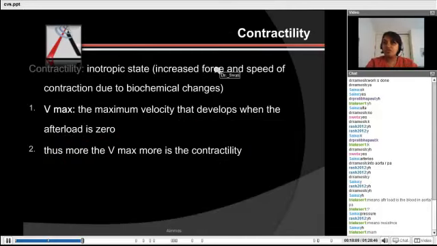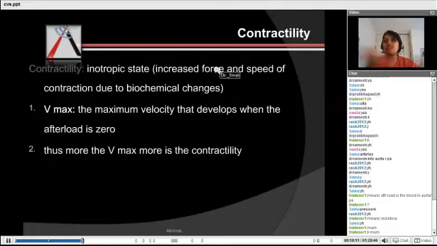Okay. So what did we see till now? We saw about the preload, the afterload, and Frank-Starling's law. Frank-Starling's law told us that if we have a nicely stretched heart, it will contract more within the physiologic limit. How will we have a nicely stretched heart before contraction? By having a nice venous return.